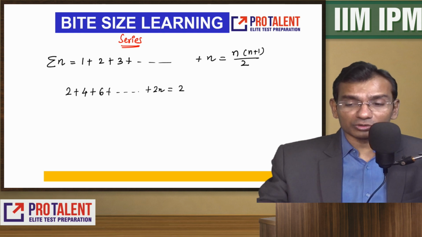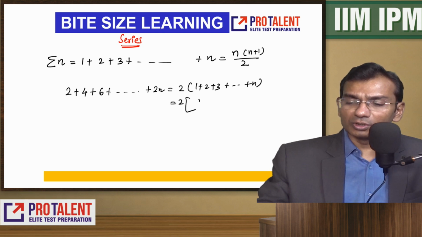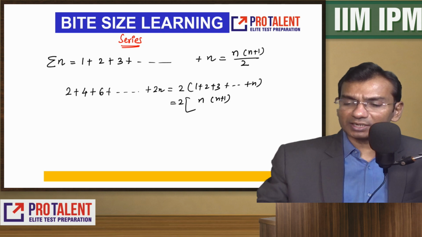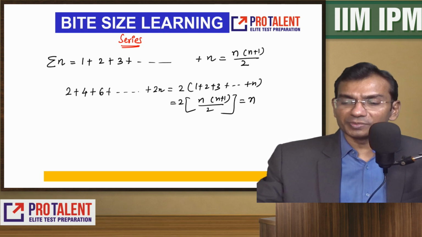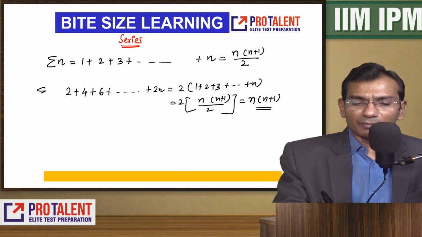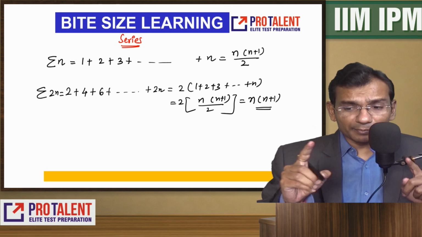I take 2 out of it, and I get 1 plus 2 plus 3 up to n. So what is the formula? 2 into n into n plus 1 by 2. So 2 gets cancelled, and this gives me n into n plus 1, which is the sum of the even terms.